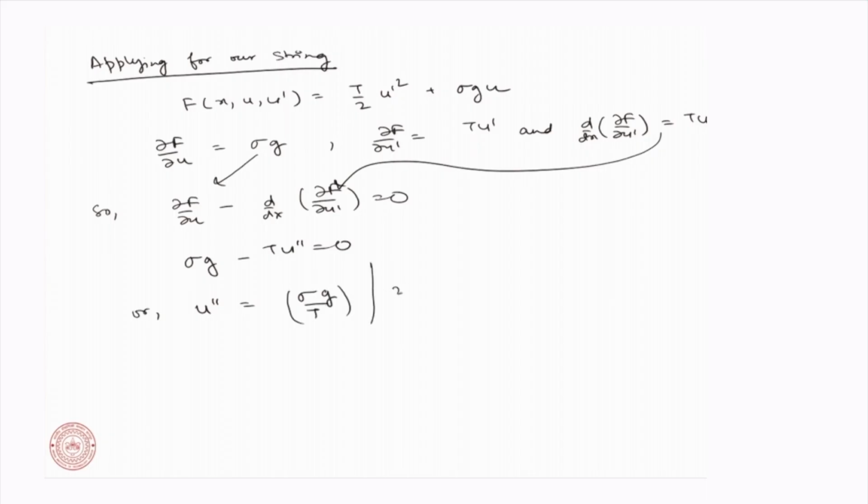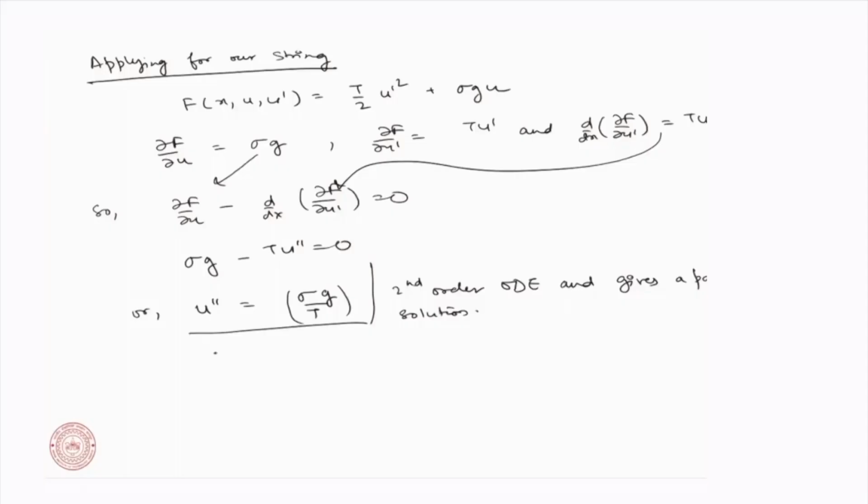So, this is a second order ODE and gives a parabolic solution. Earlier as well we have seen parabolic solutions with pressure terms, right. It is the same case; instead of pressure we had this gravitational effect, sigma into g.